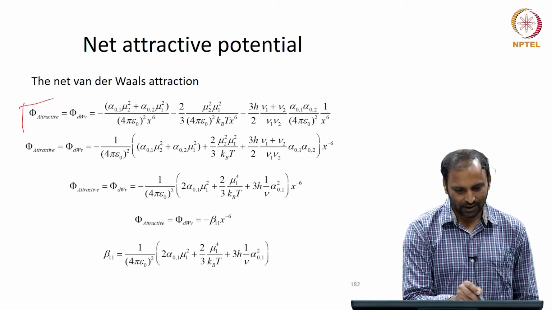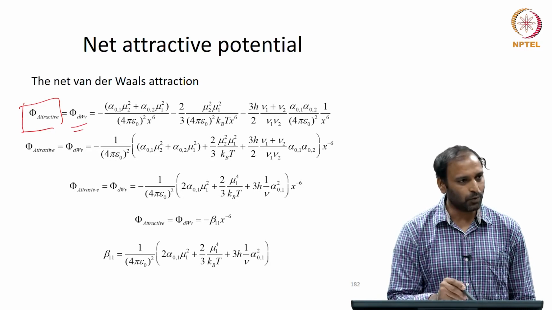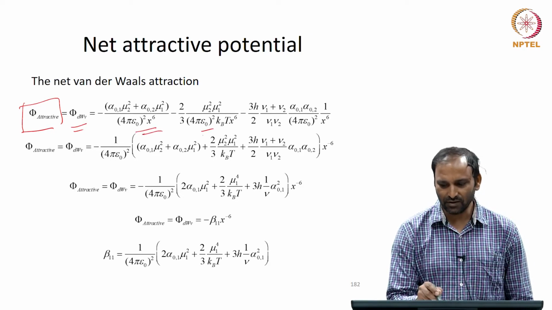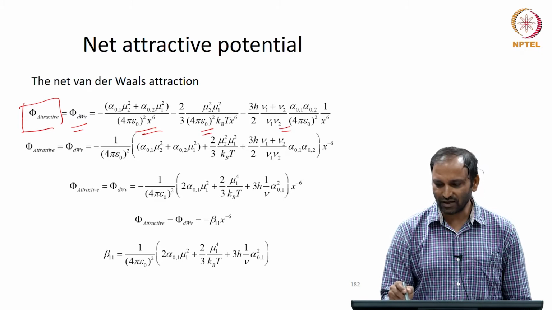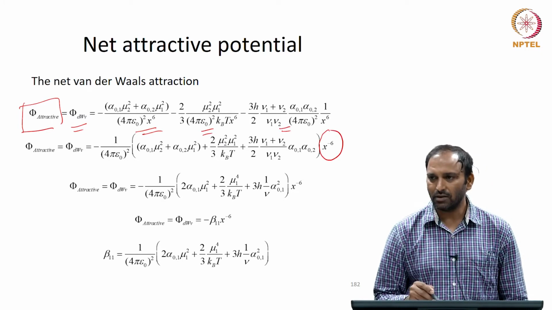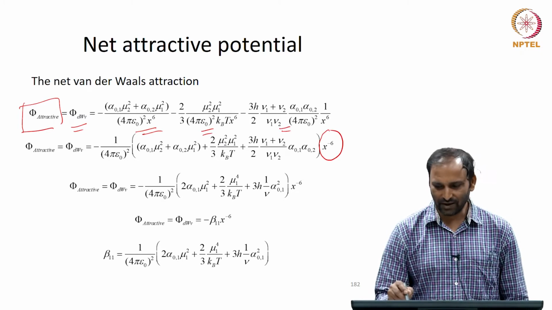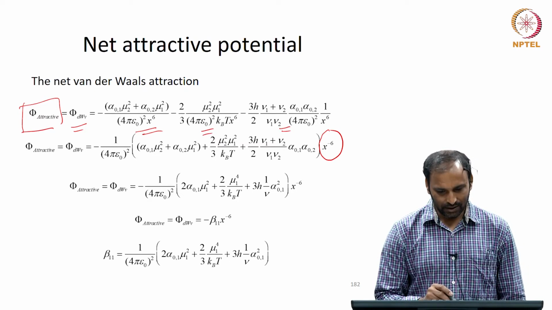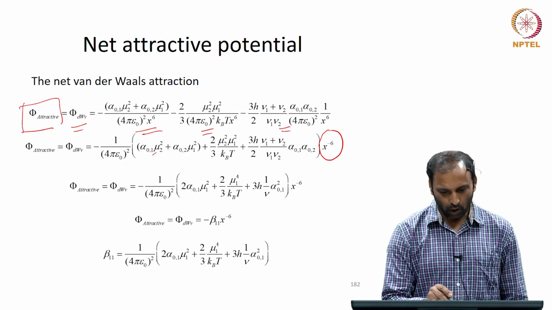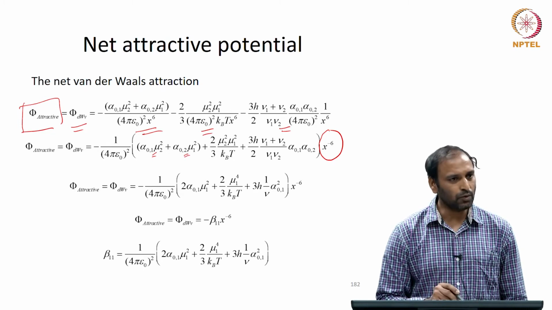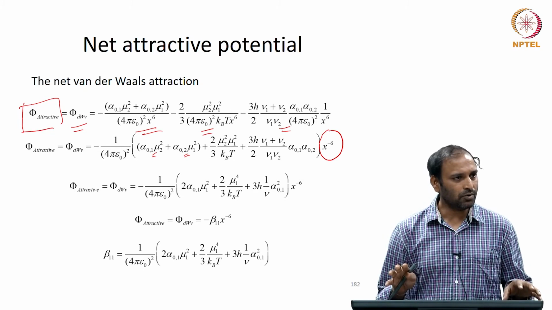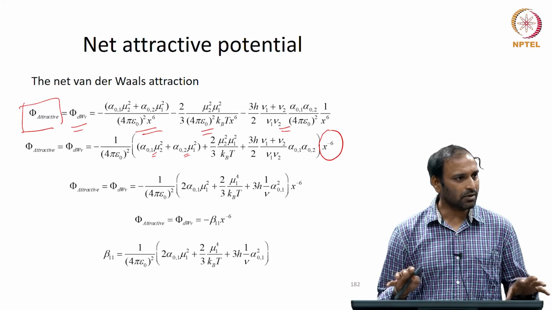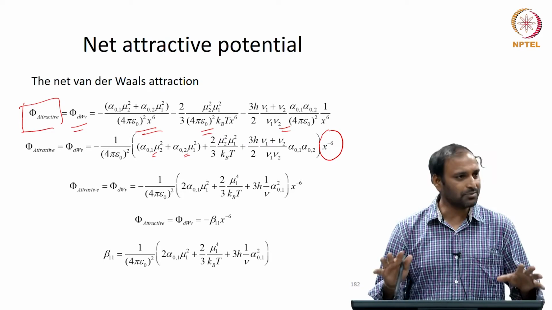This phi attractive, or phi van der Waals, is essentially the summation of the 3, because everything has 1 over x power 6 dependence. I have taken x power minus 6 out here, and 1 and 2 correspond to 2 atoms or 2 molecules.